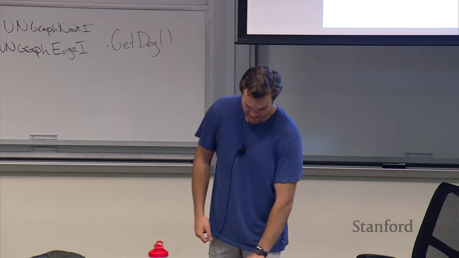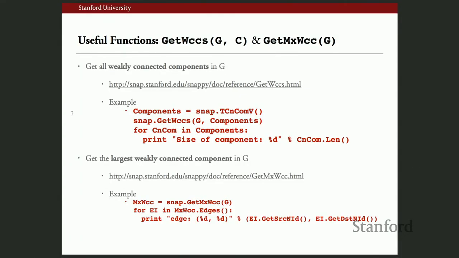Cool. And then just very quickly, you can get all the weakly connected components. And so this is what I was talking about with sometimes you need to create these weird Snap-specific data structures to use in their graph functions. So to get the weakly connected components, you need to create a TCnComV, which using our naming conventions means it's a vector of data type connected component.